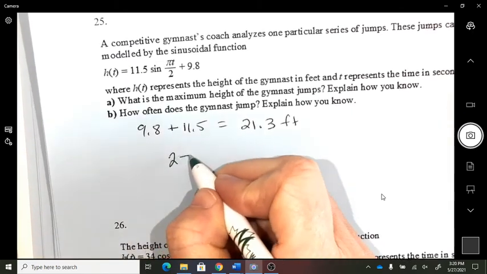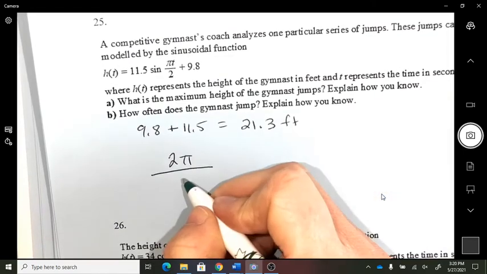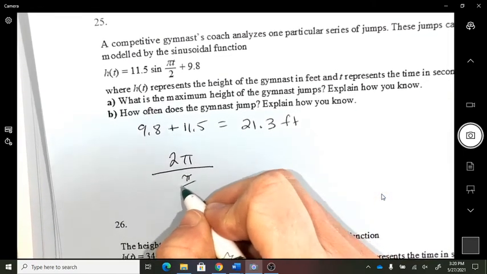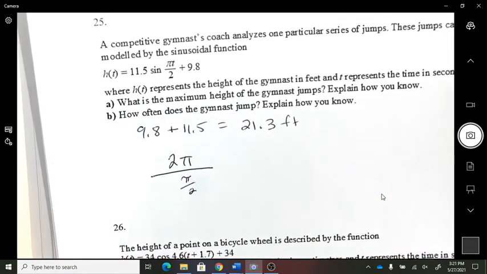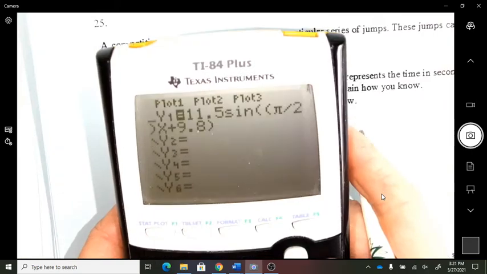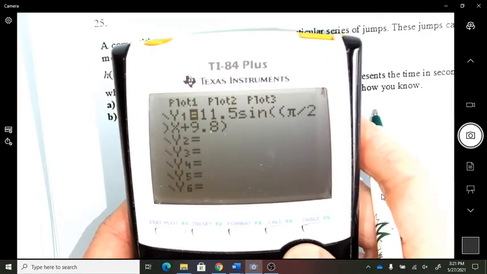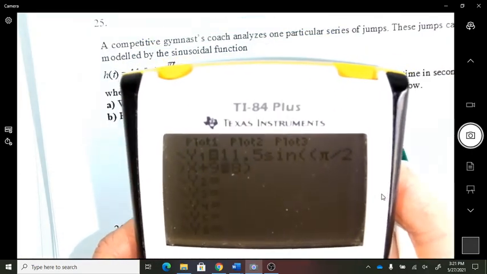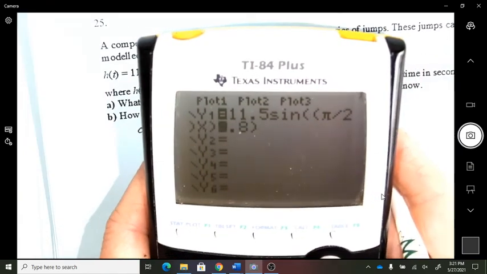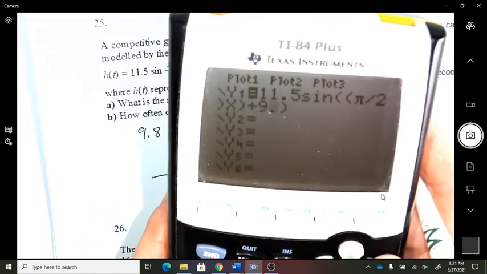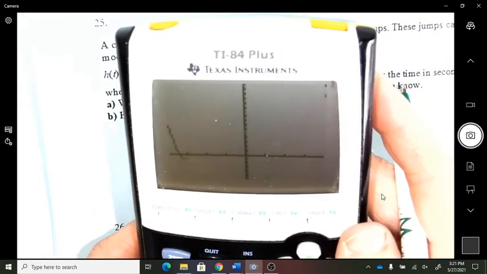So I'm going to do 2 pi divided by pi over 2. Oh, I know what I did wrong here. I put my bracket in the wrong spot. That's why. I needed a bracket there and then a plus outside. Ta-da! That corrects it. Yep.